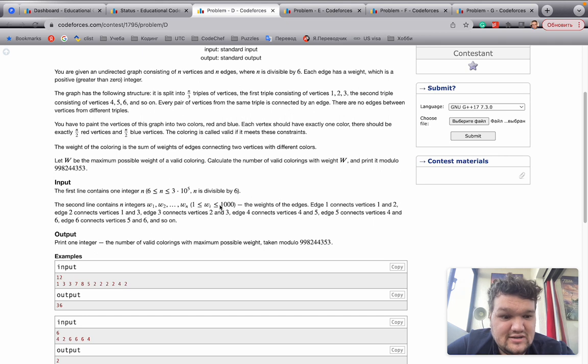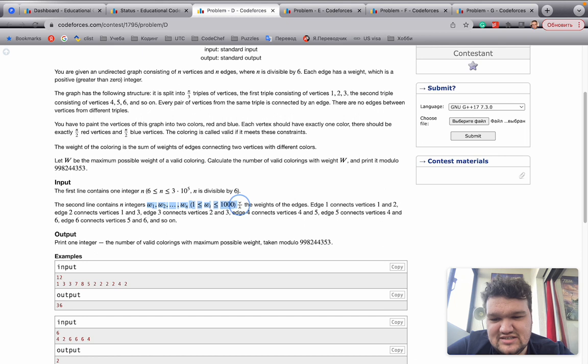Okay, so in each triangle there will be at least 2 vertices of the same color. The edge between them is not added to the answer, and the other 2 are added if the third vertex is of a different color. So in each triangle we can either choose 2 values to add to the answer or not choose anything.